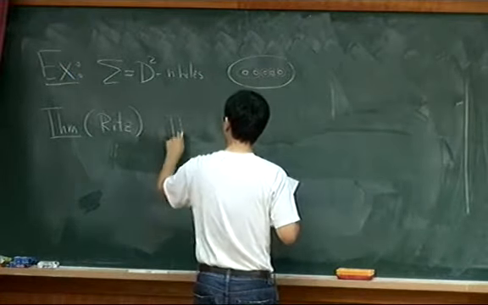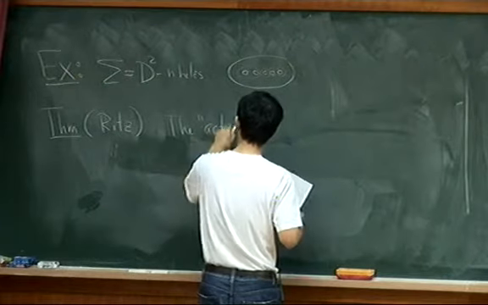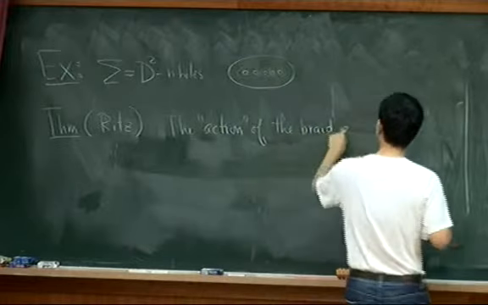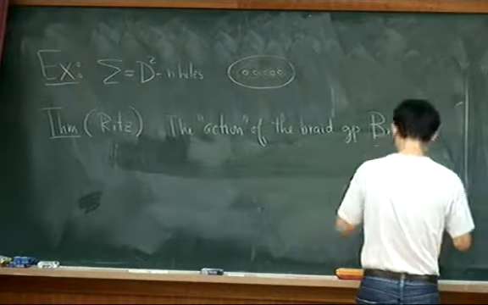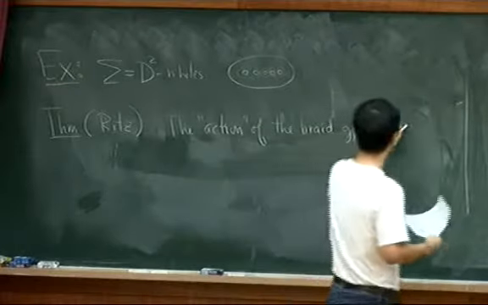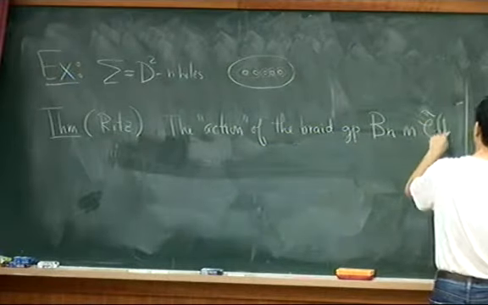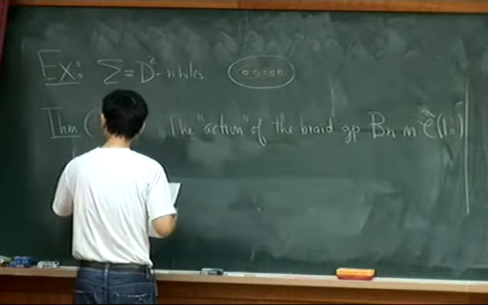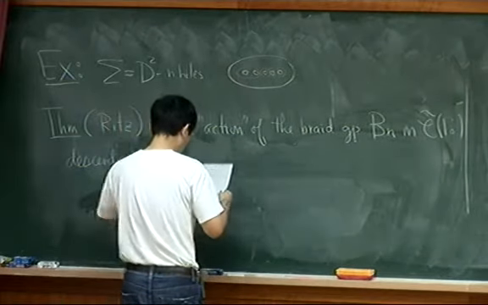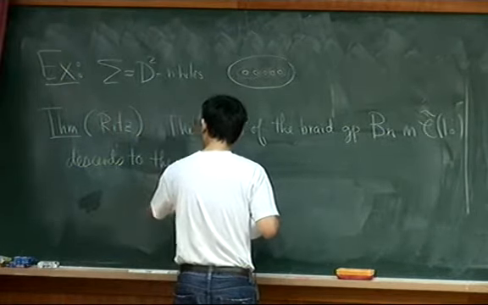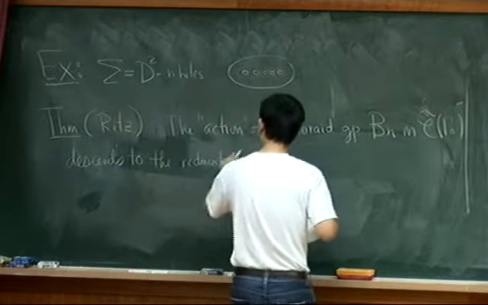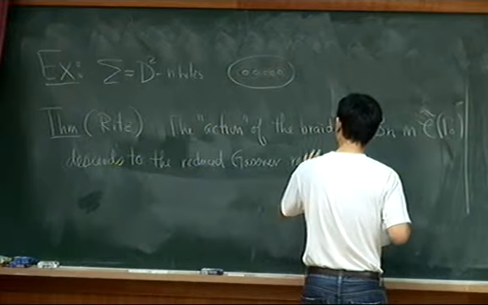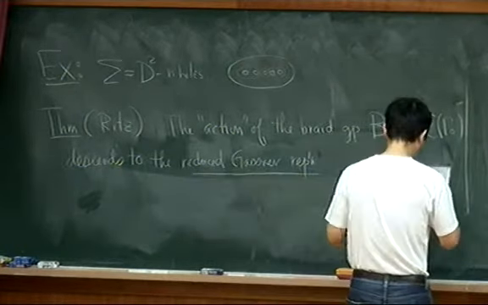The action of the braid group Bn on Cn of C tilde of gamma naught, this subcategory, descends to what's called the reduced Gassner representation of the braid group.